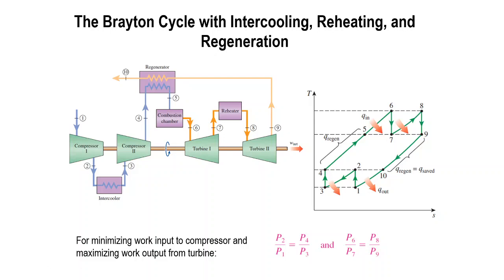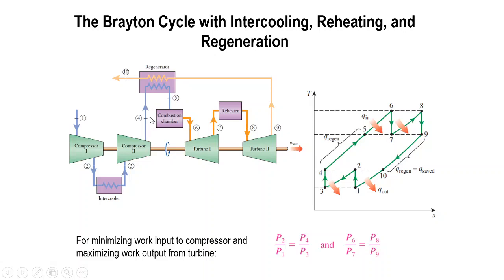Basically, a compressor working at a high temperature will have higher wear and tear. That's why we need the intercooler, in order to lower the temperature at point 3 to be the same as point 1, to safeguard the compressor.